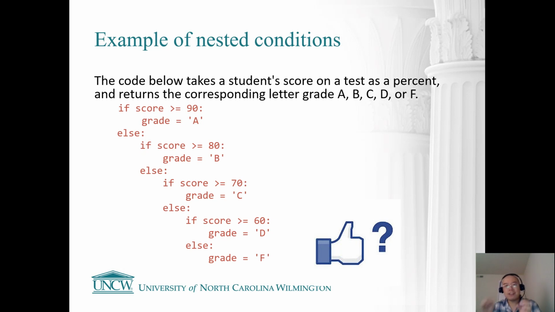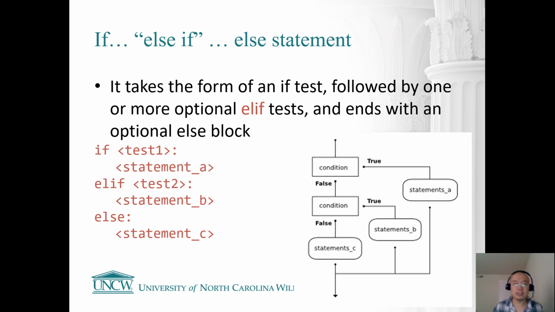So if we have an if and else inside the if and else, inside the if and else, inside the if and else, we end up with this kind of code. I am not a big fan of that, because further and further indentation makes the code harder to read. So the question is, how do we make it better?